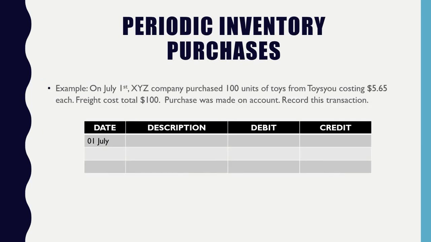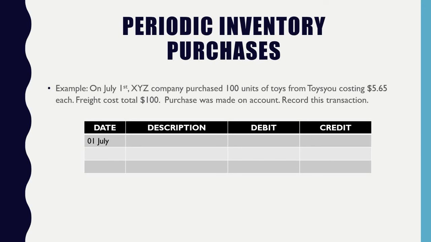So how we're going to journalize it is obviously with the date. Same scenario, however, we're going to look at it in terms of dollar value, in terms of monetary measurement. So how are we supposed to journalize this? The first one is, we recognize that XYZ company made a purchase of 100 units of toys, and it cost $5.65 each.